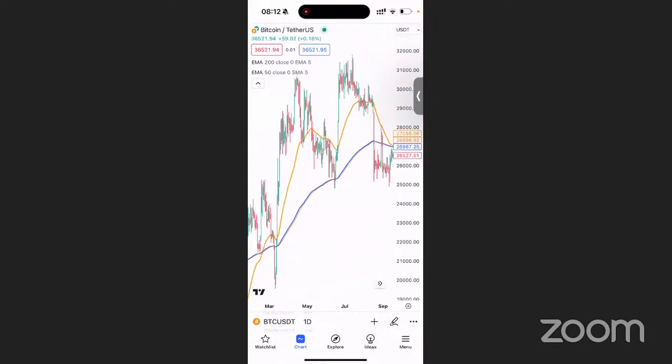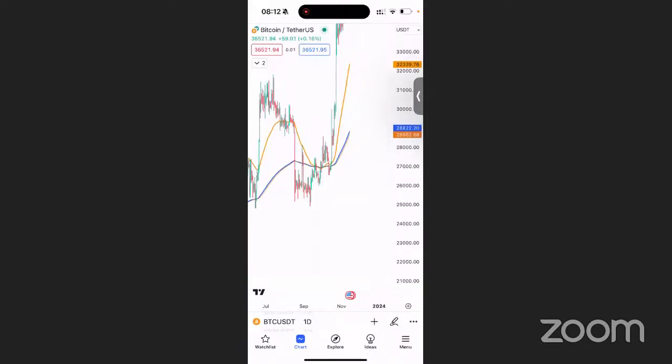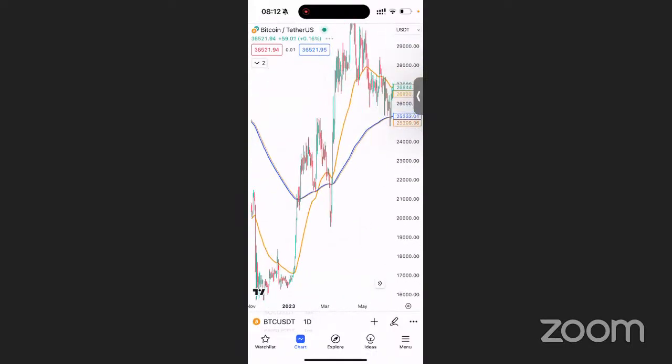Now, when do we always confirm an uptrend of a given cryptocurrency? We have what we call a golden cross, and we have what we call a death cross when it comes to using moving averages or exponential moving averages.